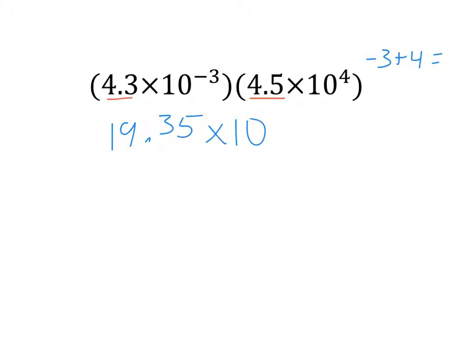That will give us 1, so 10 to the first. But we need to write it in scientific notation, so we have to move our decimal place 1 to the left. So we have to add 1 to our exponent. Okay, so our final answer in scientific notation will be 1.935 times 10 to the second.